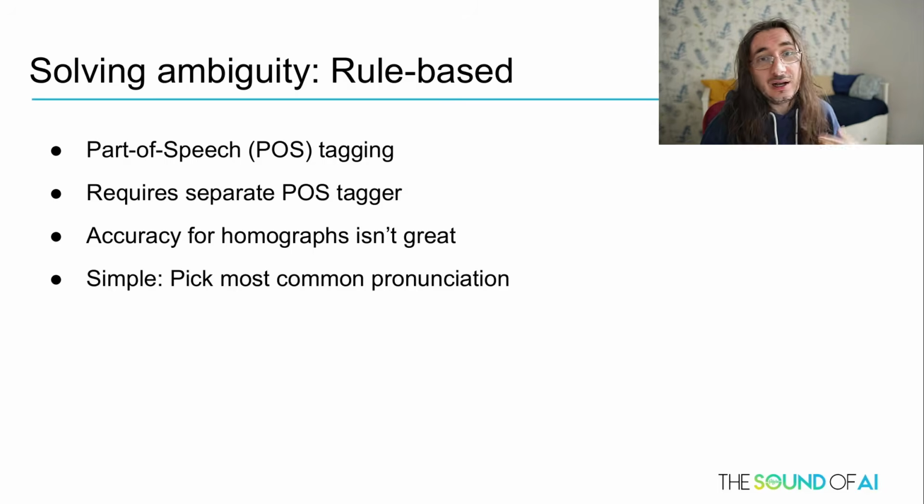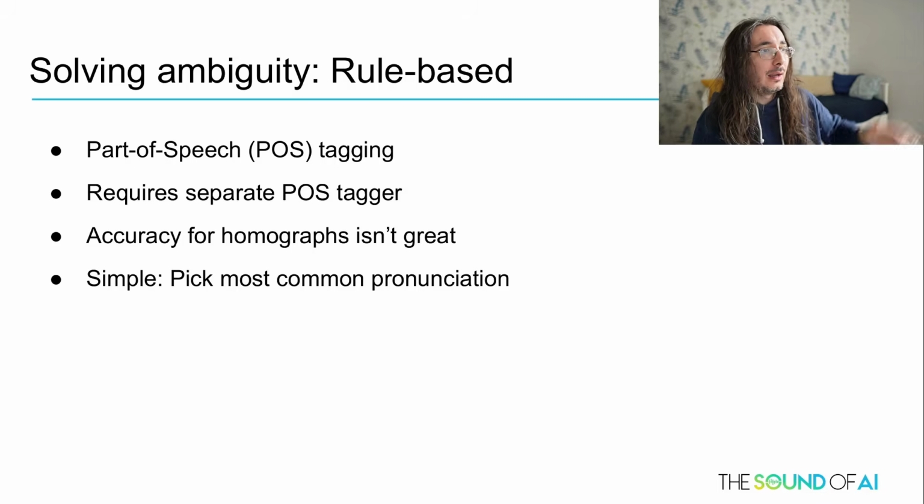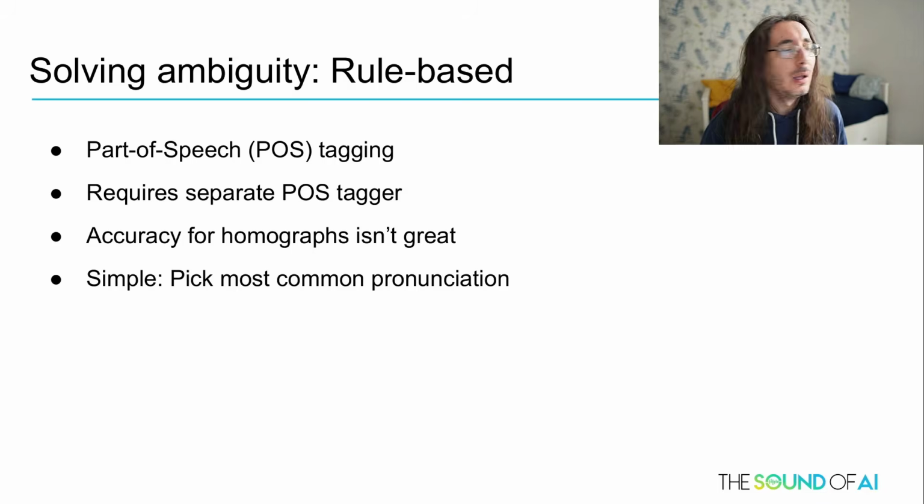You could also use an easier rule that just says pick the most common pronunciation for that particular grapheme that you have there, right? Of course, it's going to fail, but the part of speech tagger is also going to fail, because accuracy for homographs isn't really that great.